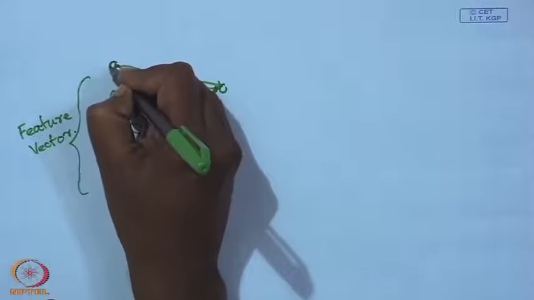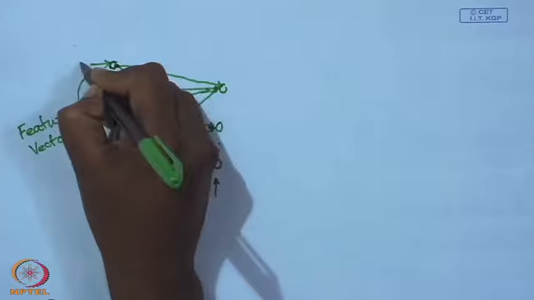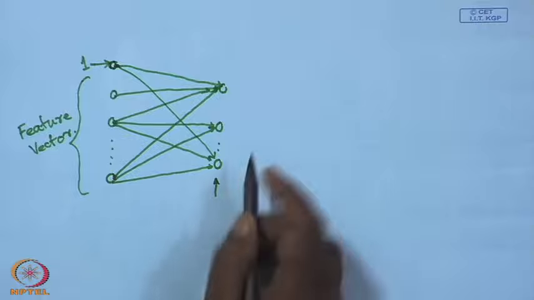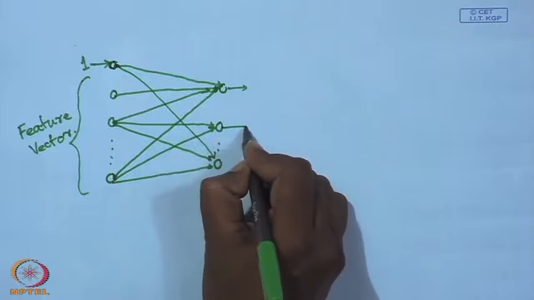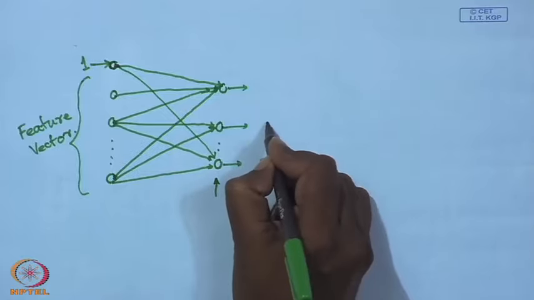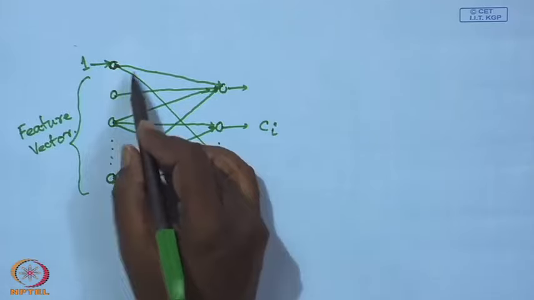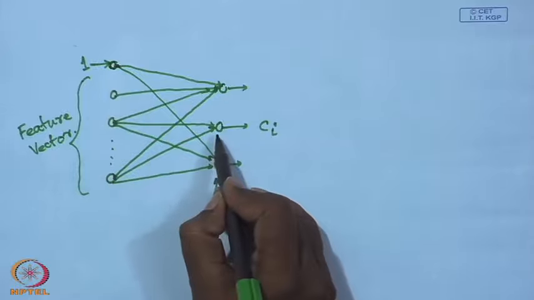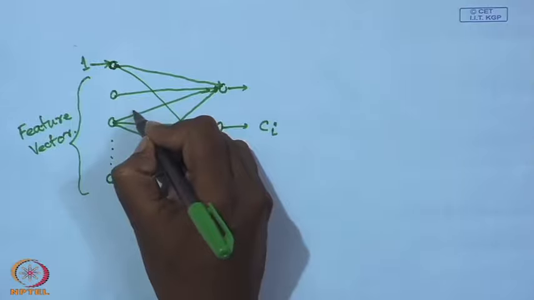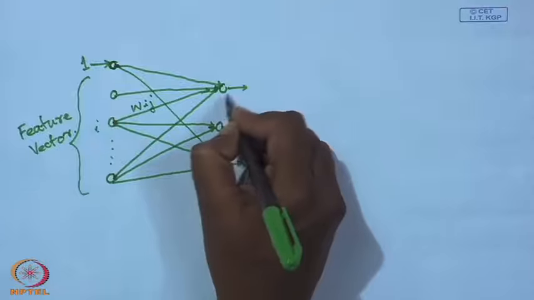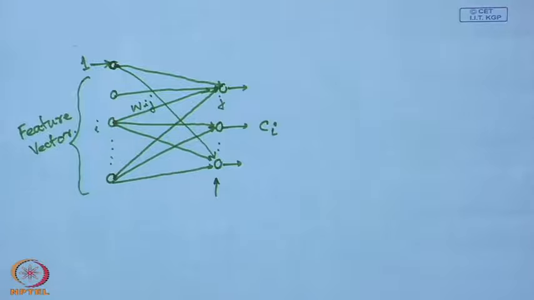And one of the nodes was kept at a constant value equal to 1, that is meant for feeding the bias term. And the outputs of the different nodes in the output layer indicated the corresponding class, say C i. Every node in the input layer is connected to every node in the output layer through a connection weight, say W i j. So, the ith node in the input layer is connected to the jth node in the output layer through a connection weight W i j.